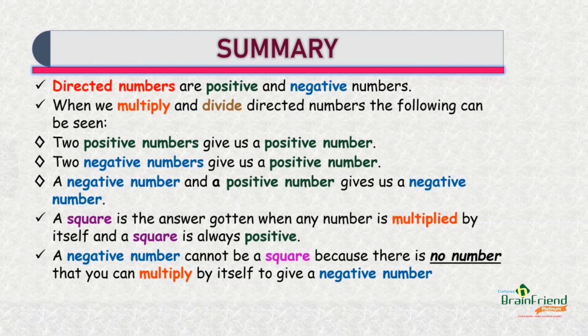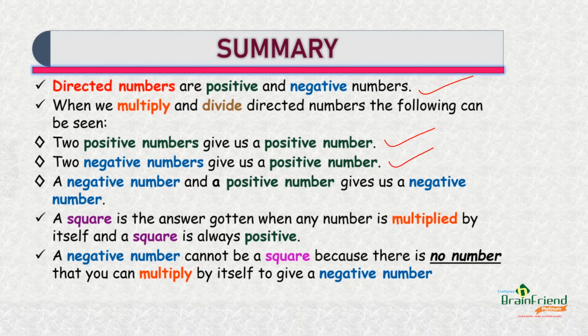But before we go, let's take a look at a quick summary of all that we have learned so far. We learned that directed numbers are positive and negative numbers. We also learned that when we multiply and divide directed numbers, the following can be seen. 2 positive numbers give us a positive number. 2 negative numbers give us a positive number.